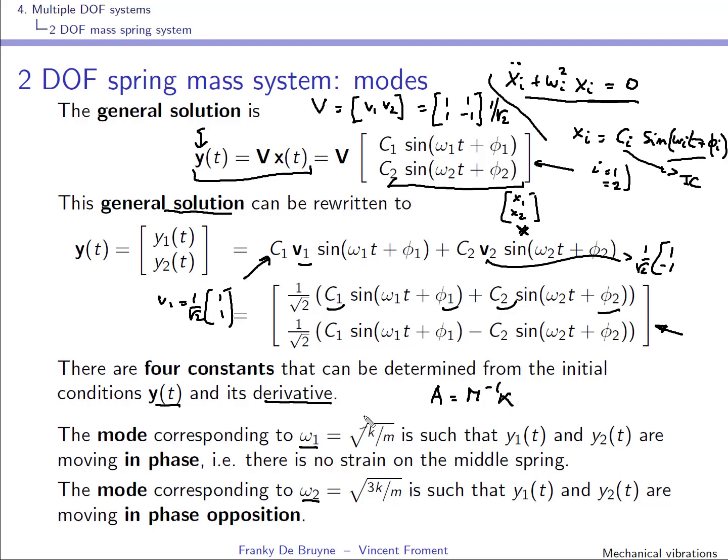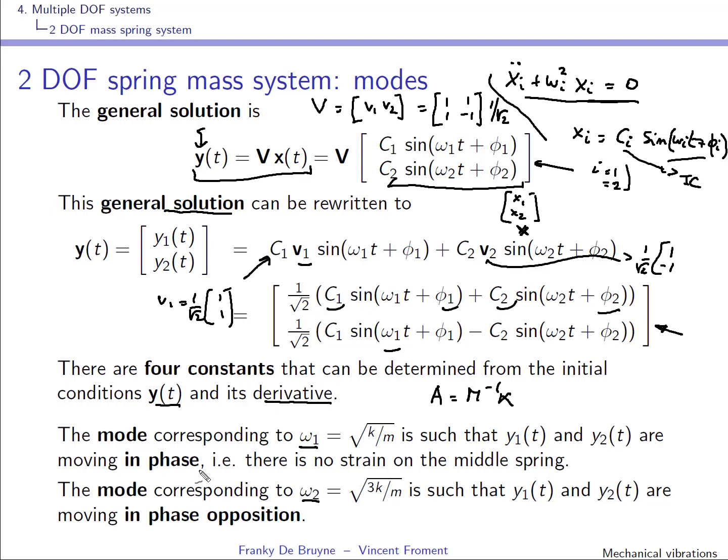And you notice that for this mode corresponding to the eigenfrequency omega 1, you see that y1, the first component here, and y2 are moving in the same direction.